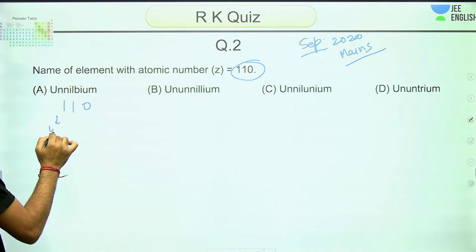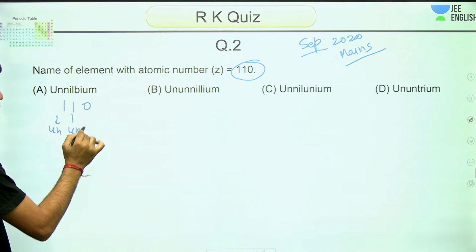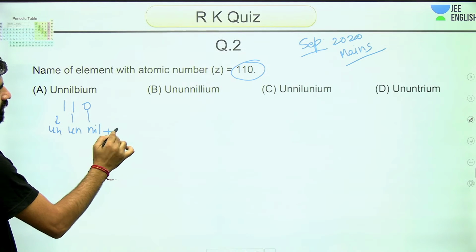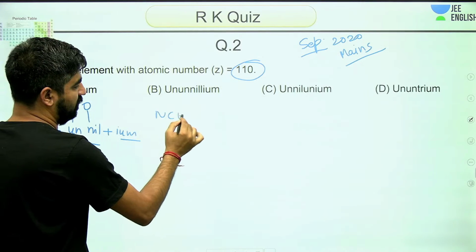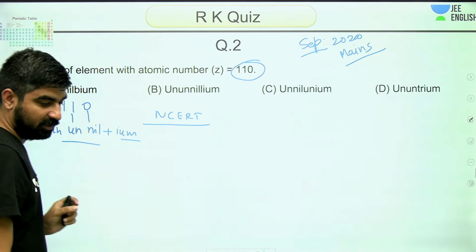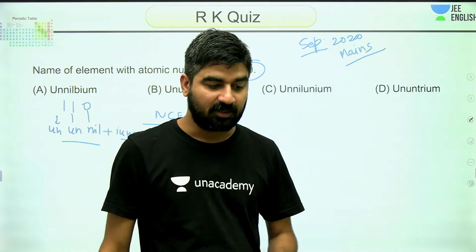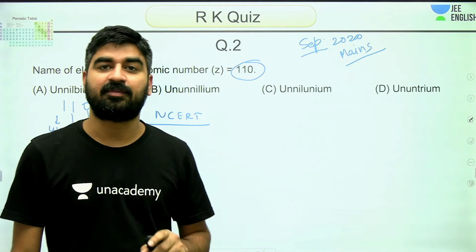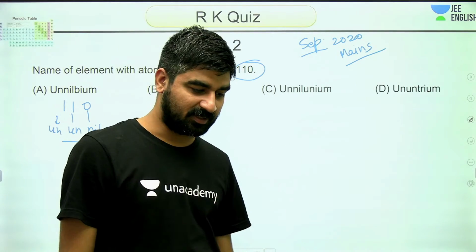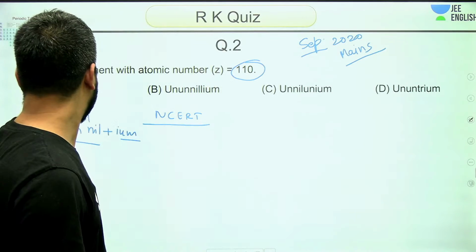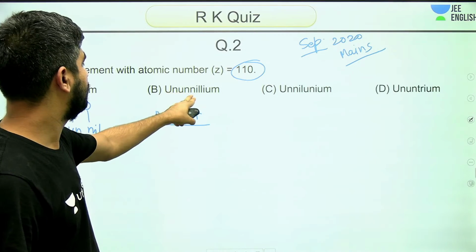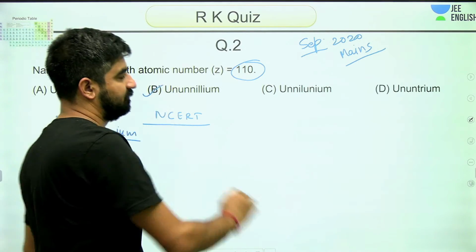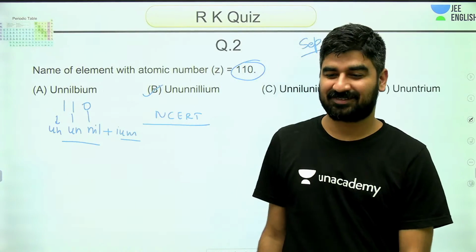For 1 we use un, nil plus em. So guys from NCERT you can use that. Yes, even in the previous class we did how to do the nomenclature for elements having atomic number greater than 100. So it would be unnilium. So B will be the answer. Got it guys?